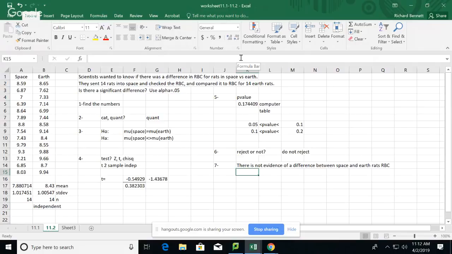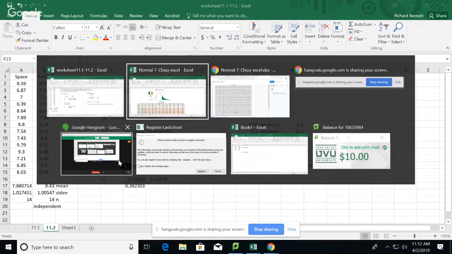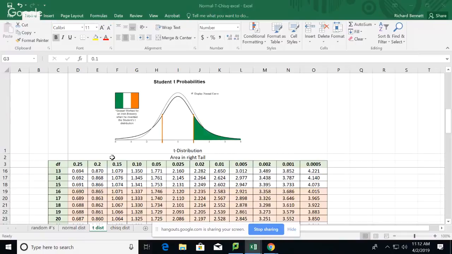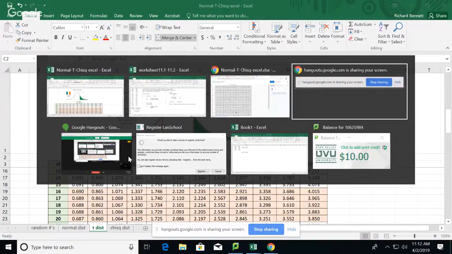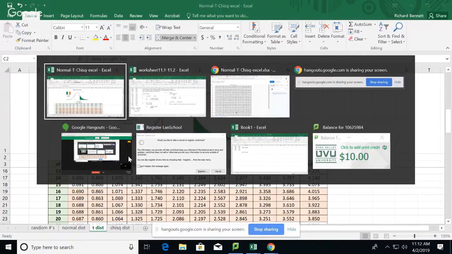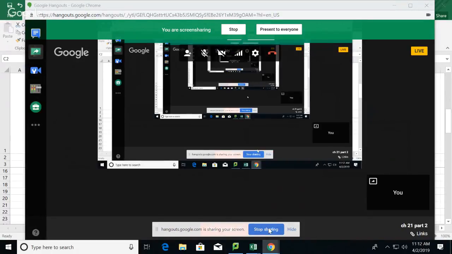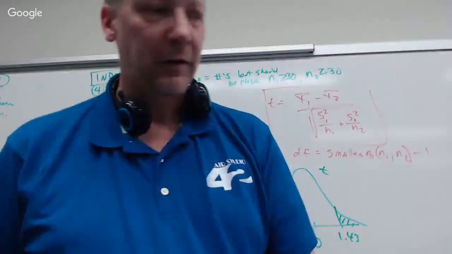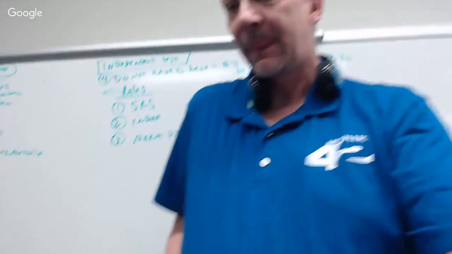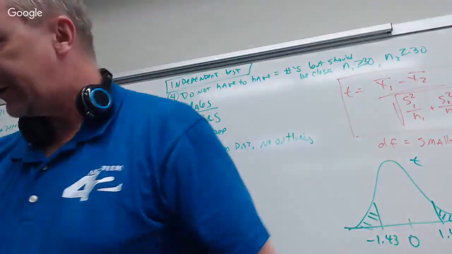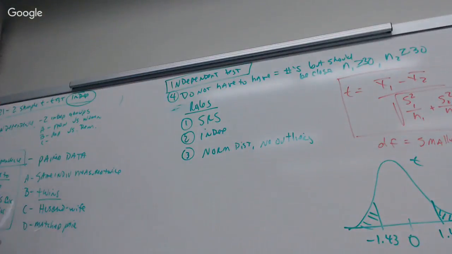How would you like to learn the confidence interval formula? Okay, let me stop sharing here. So here's your formula for your confidence interval.